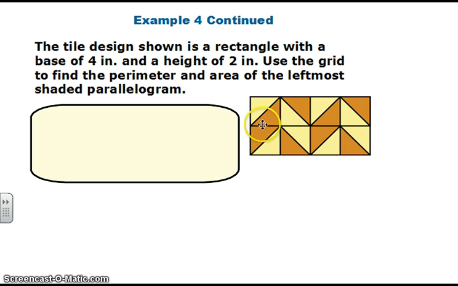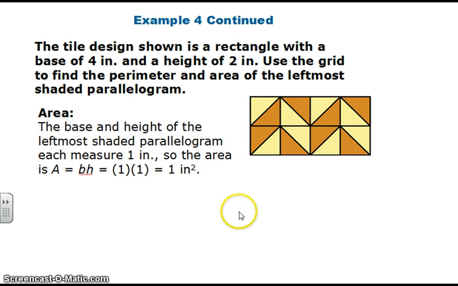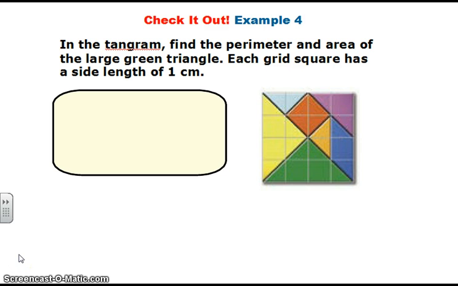This is pretty easy because imagine we could take this lower piece of the parallelogram and place it up in this unshaded region, this tan region, and we would have basically a rectangle. What dimensions here, base and height? We have a base of 1 and a height of 1, so our area is simply 1 inch squared. Very good.